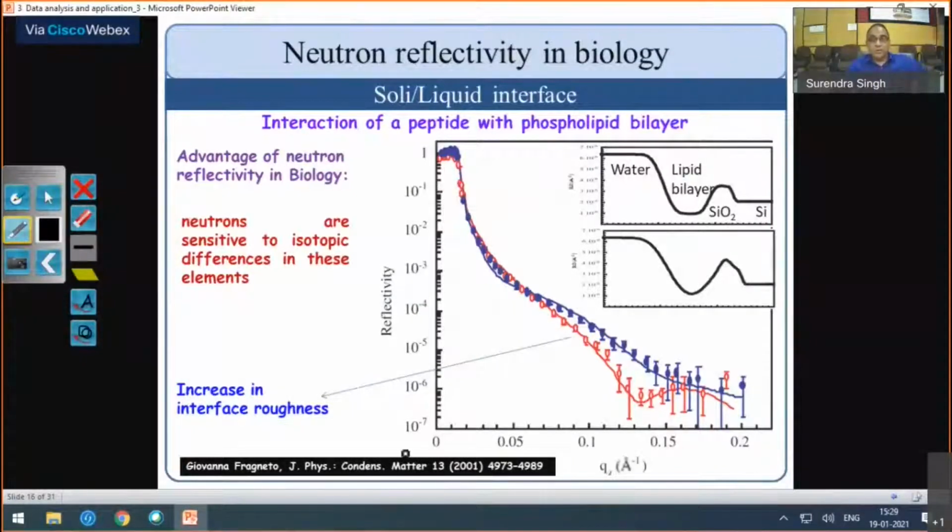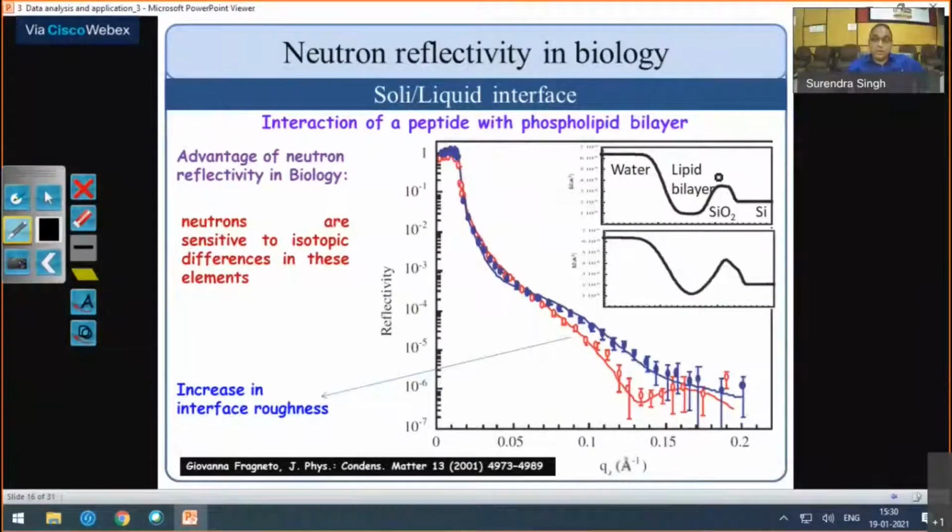So one example I have taken from this literature. In this sample, what they have done is they have silicon as the substrate, and then native silicon oxide grown on the silicon substrate, and then they have grown a lipid bilayer, one bilayer on it.